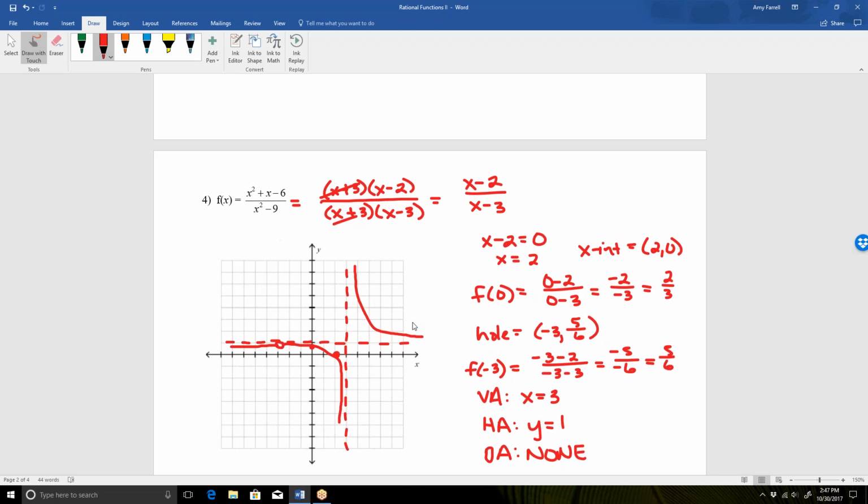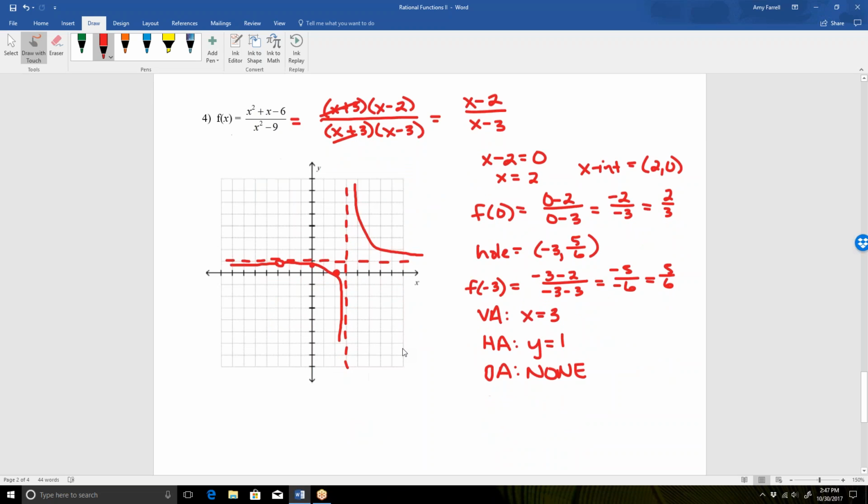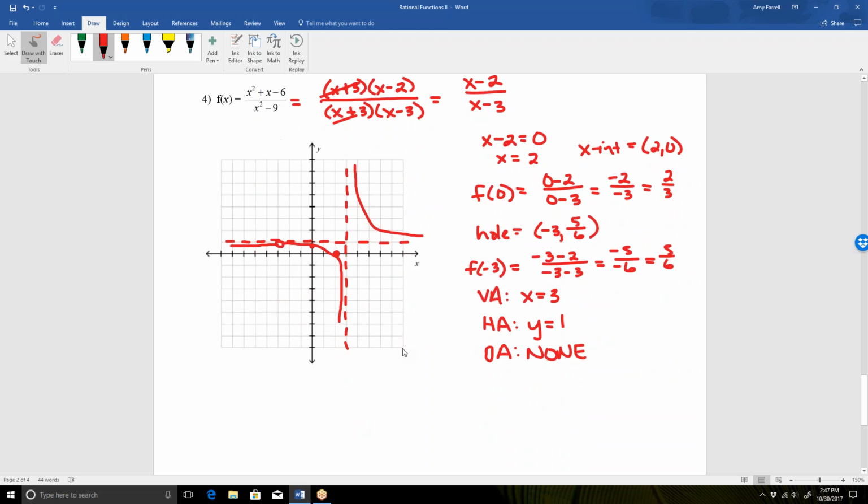So depending on how picky your instructor is, it's just a sketch. So you could just sketch up here, just knowing it's got to be up here since I don't have a second x-intercept. So you're welcome to use that kind of thinking if you want to.